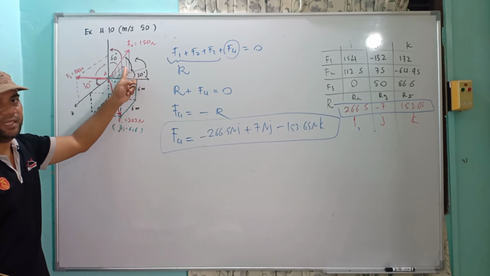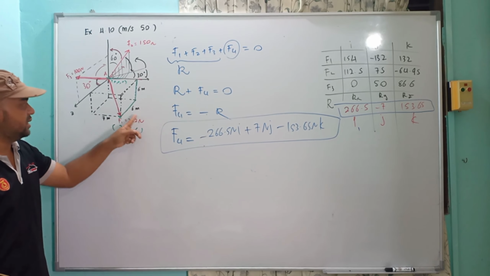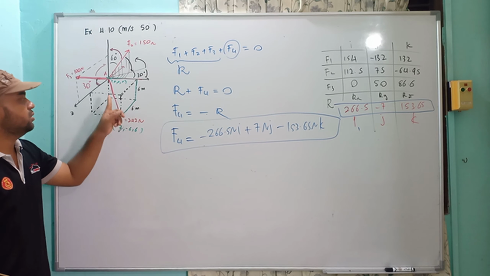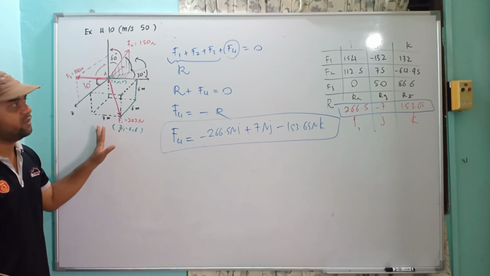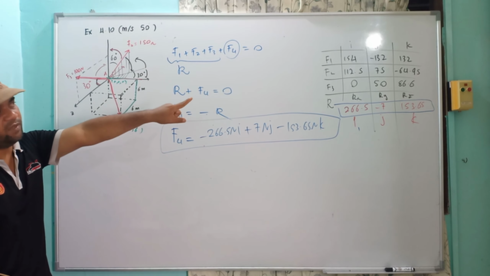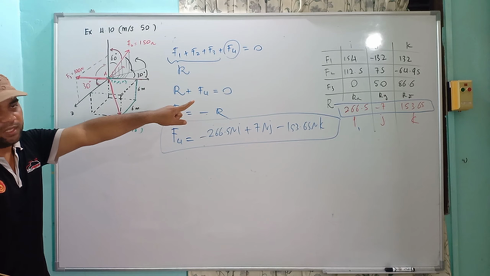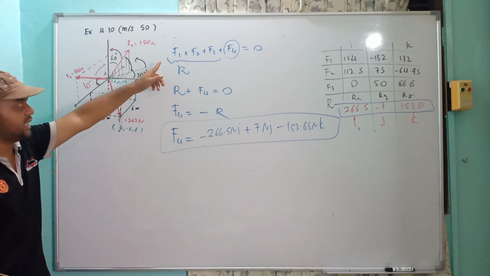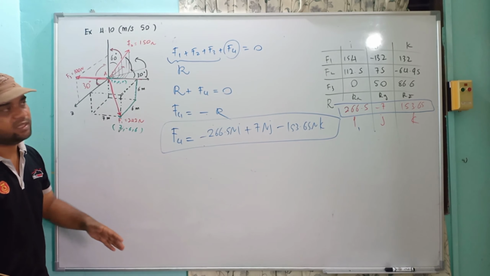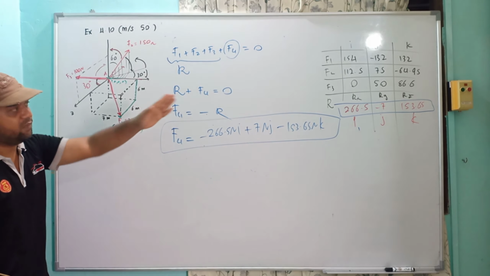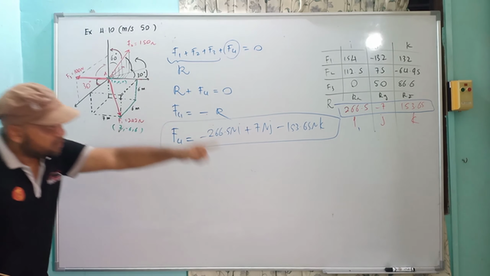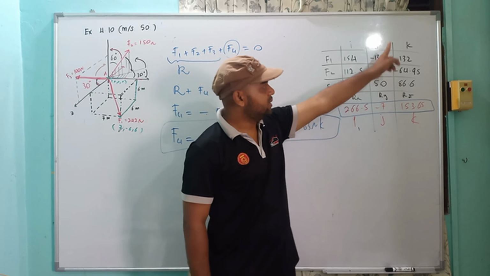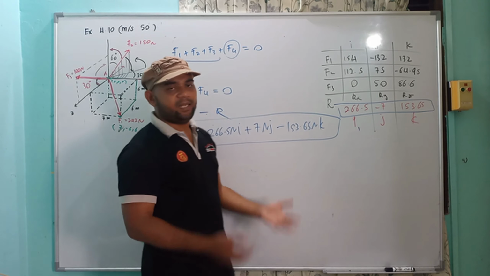Or if the dimension is given in terms of a box like this one, or coordinates are given directly, you can use the coordinate method. You resolve everything. I urge you to put everything in a table so that you won't miss anything, because sometimes you miss information. Then you add everything in i to become Rx, in j to become Ry, in k to become Rz, and then you get the answer.